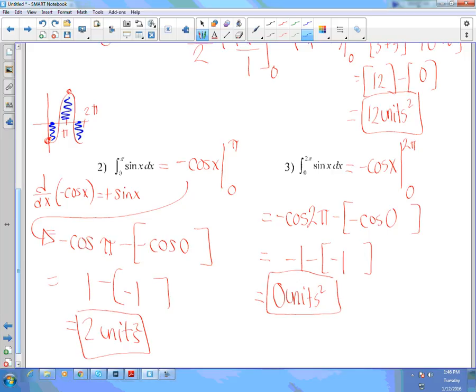Because it's actually the sine graph, the area underneath the curve. So the sine graph from 0 to pi is 2. That's one you have to memorize, right? And then from pi to 2 pi, those two cancel each other out. That's better. Okay.